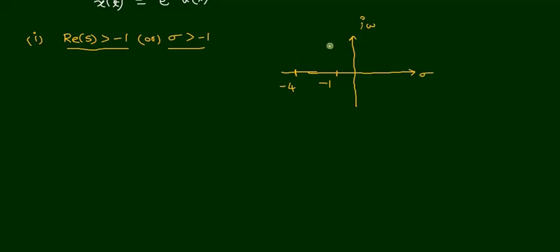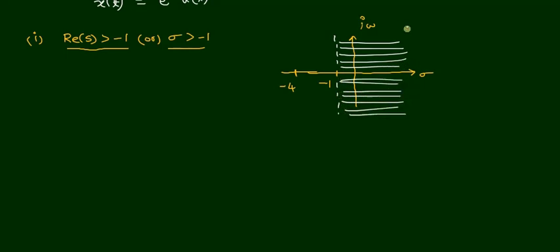At minus 1 we draw a dotted vertical line, and after that up to the positive axis we draw horizontal lines to represent the ROC. So the ROC is real part of S greater than minus 1. Okay. So the entire right side of minus 1 is the region of convergence.